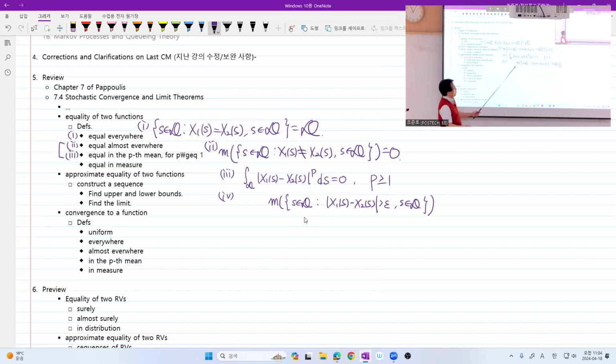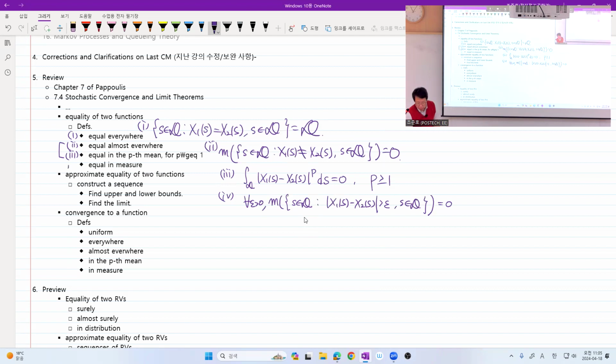Now consider epsilon, a very, very small positive number, which means that this is the error that is greater than a very small number. And if this measure is 0 for all epsilon positive, then we may call the two functions equal in measure.